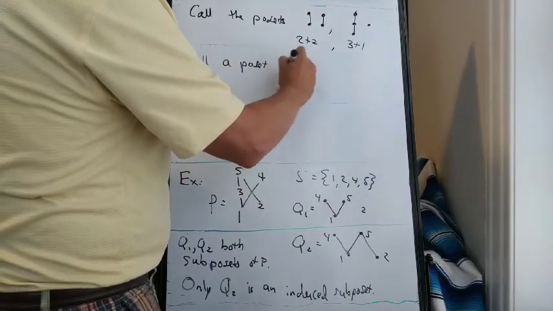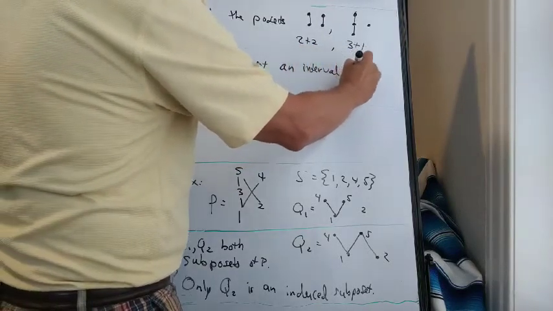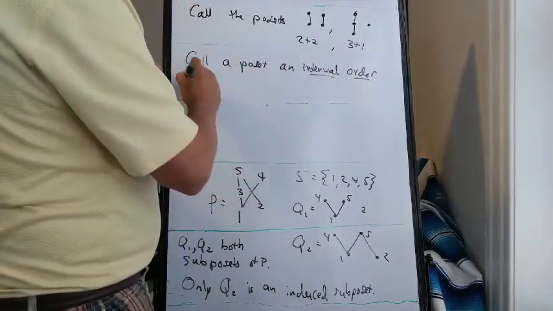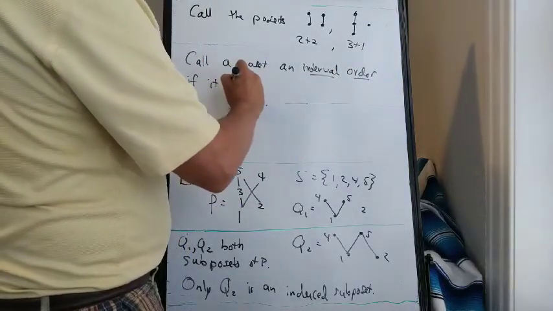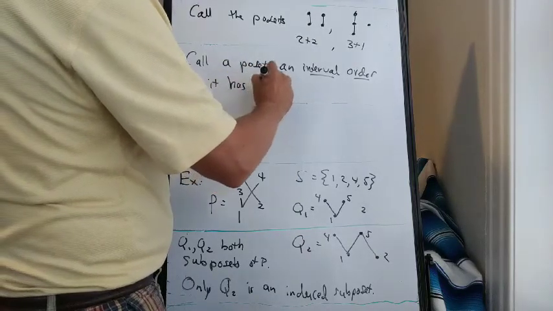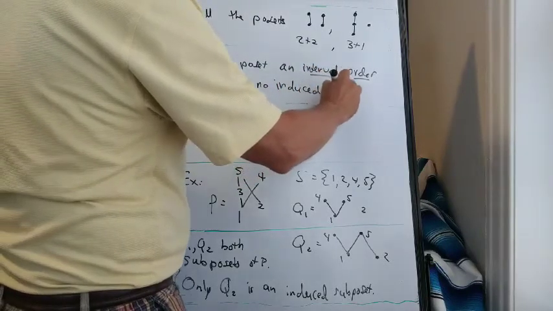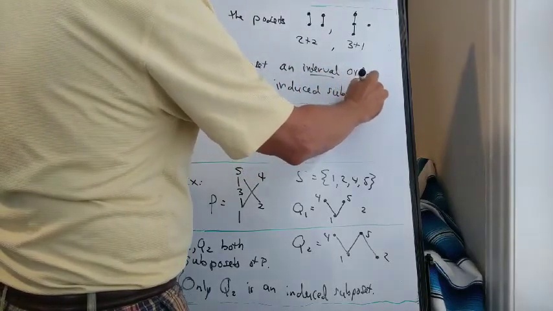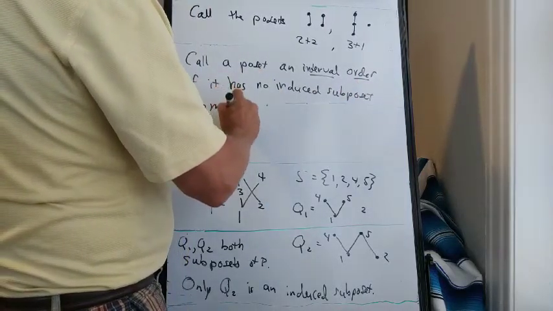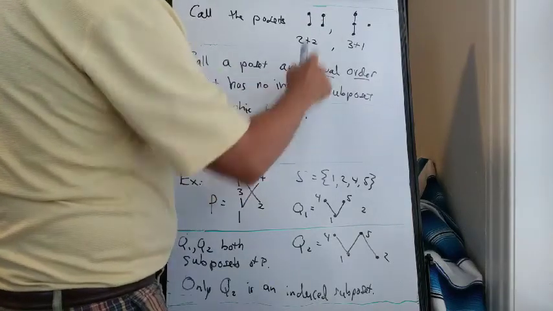We call a poset an interval order if it has no induced subposet isomorphic to 2 plus 2.